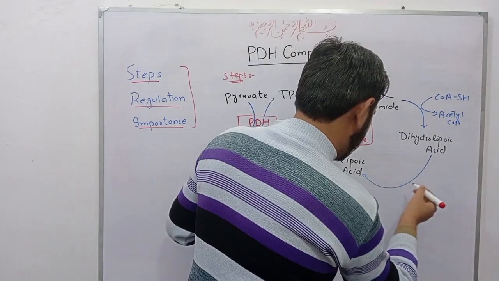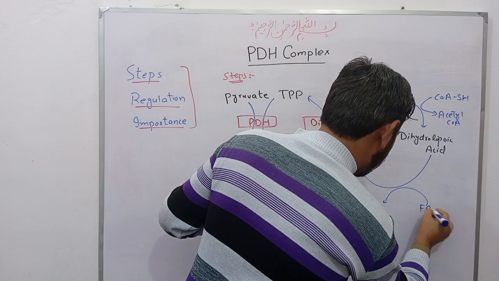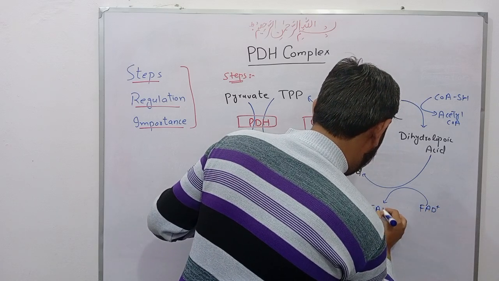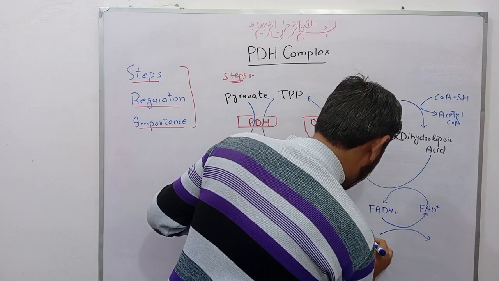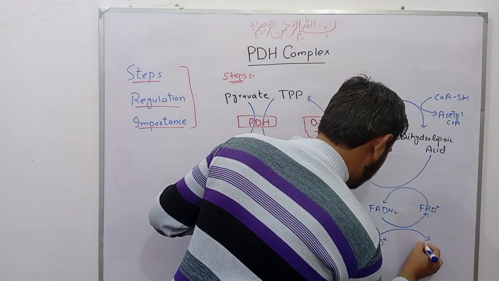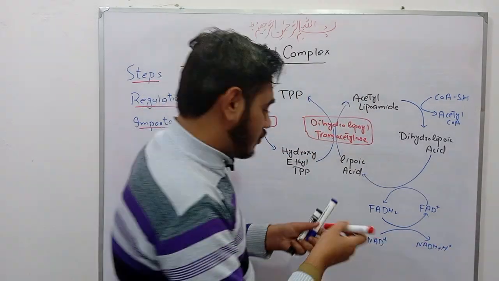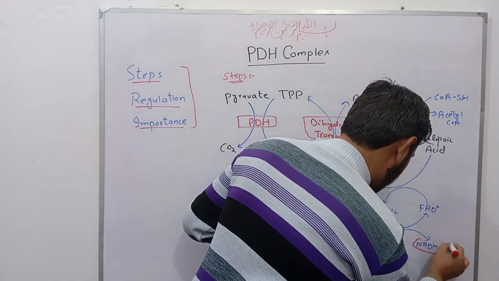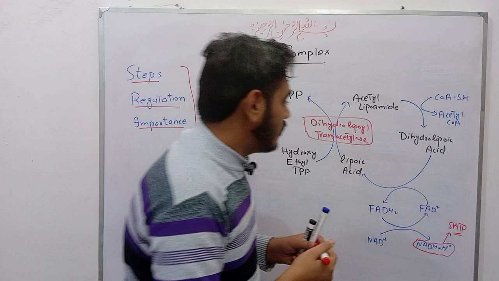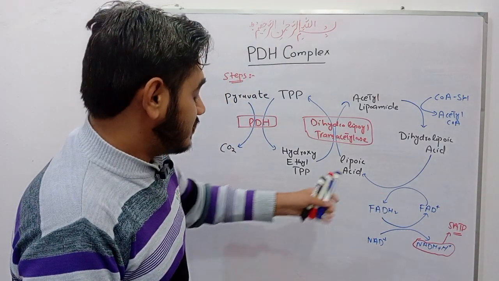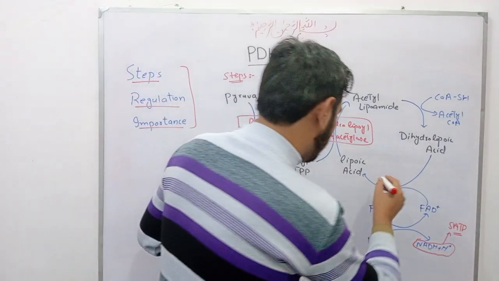Here FAD converts into FADH2, which gets regenerated with the help of NAD plus, which converts into NADH and H plus, and in the electron transport chain it gives 5 ATP. Okay, so this is the third step, which is the last step, catalyzed by dihydrolipoyl dehydrogenase.